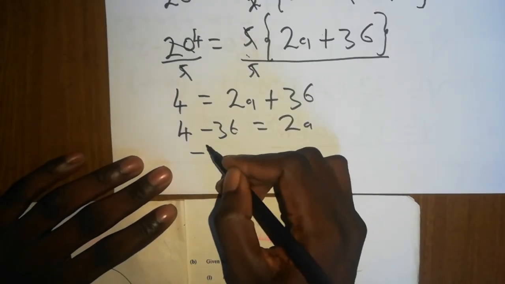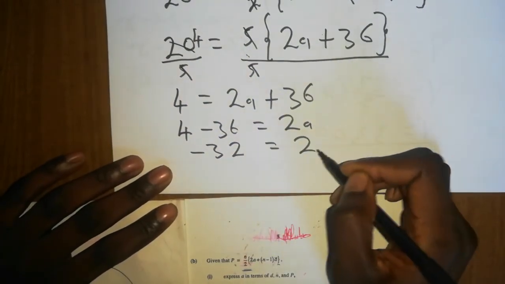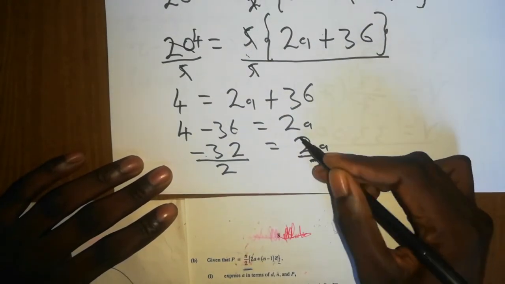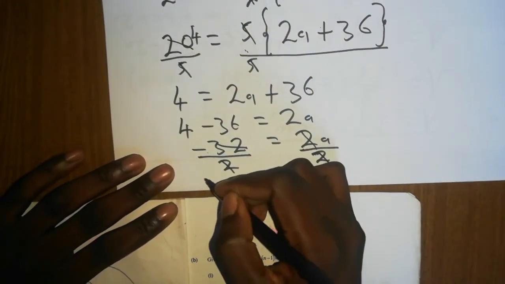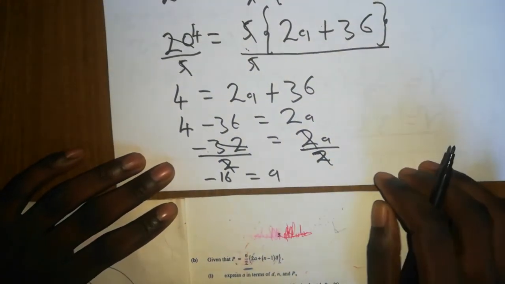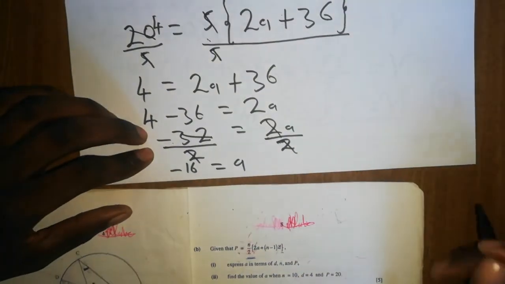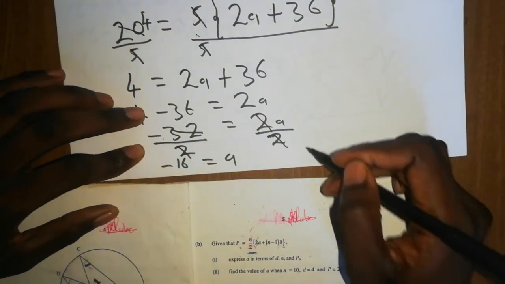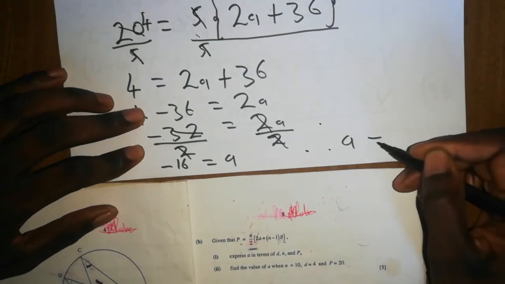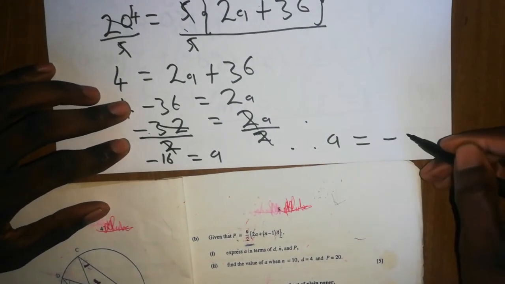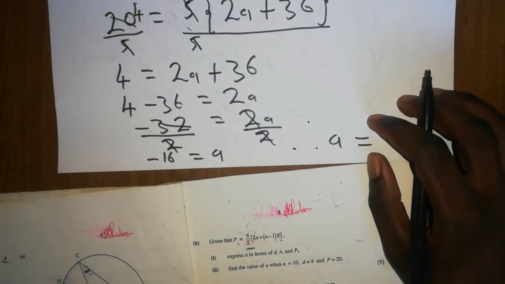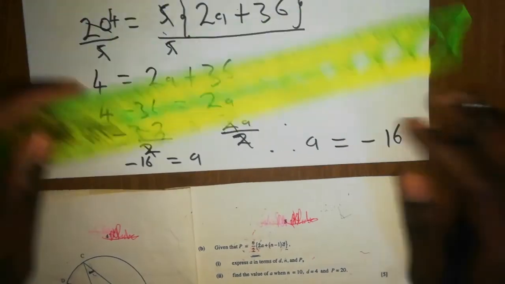Then negative 32 is equal to 2a. I'm going to divide both sides by 2. So negative 16 is equal to a. That is your answer. But bear in mind, your final answer is written as, you're going to say, therefore, a is equal to negative 16. So that is your final answer.